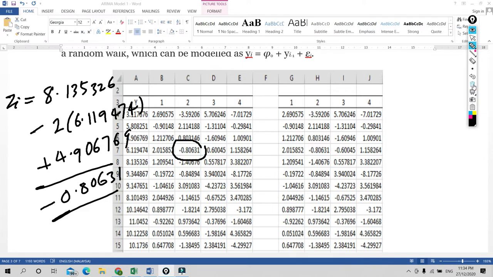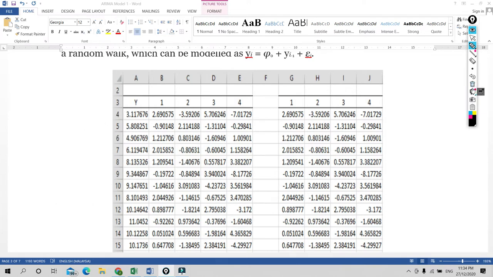And the simplest way to do a differencing is, once you get the first order differencing, just now we used a different formula. Once you get the first order differencing, zi is equal to yi minus yi minus 1, the previous one.